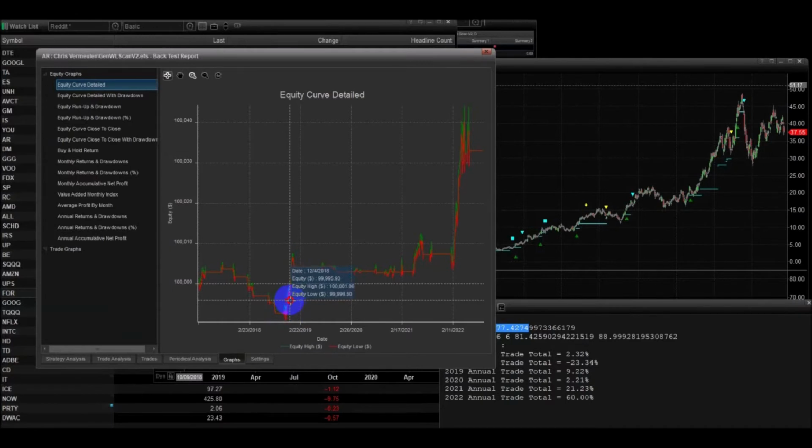And then 2019 starts right over here, right there roughly, and we start moving forward. So you can see 2019 was fairly flat. 2020 was fairly flat. 2021, we started to make some money. In 2022, we've made quite a bit of money in this trade.